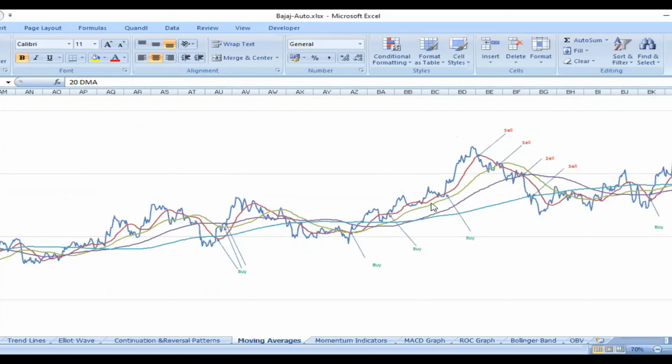This is very interesting because it tells you where to buy. As soon as our stock price goes above the moving average, depending upon the horizon, you decide to buy until it intersects again. So you would have bought here and sold here had you got a 20-day horizon, let's say, for swing trading.